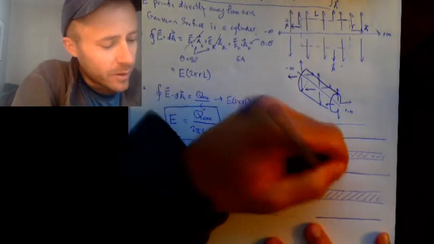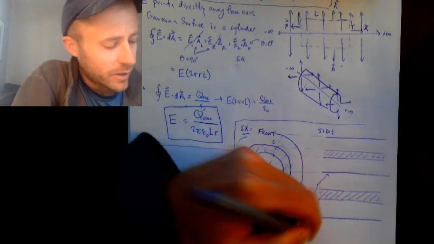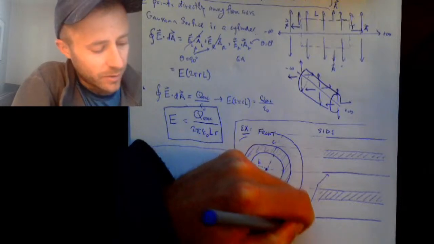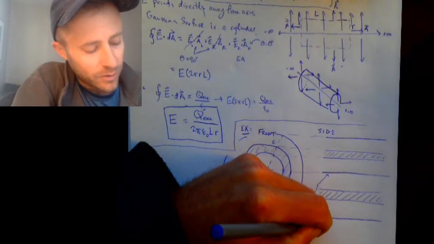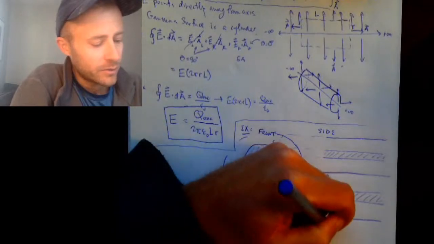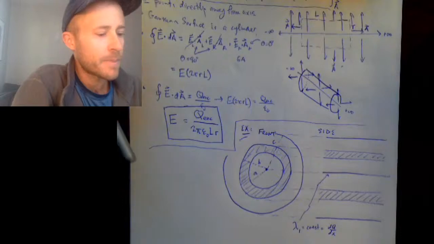So this inner line of charge has a constant linear charge density of lambda 1. So that's a constant. And just to remind you what linear charge density is, that is dq dx, charge per length.